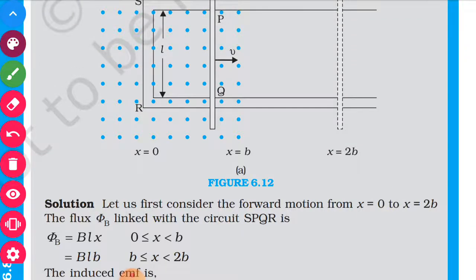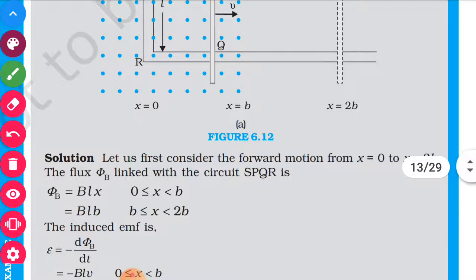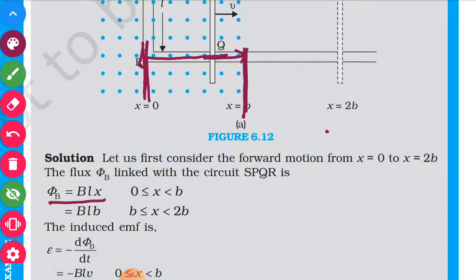This flux will be BLx up to this distance equal to b. As you move from this point to this point, x increases and therefore the flux also increases. So at point b, the flux becomes BLb.